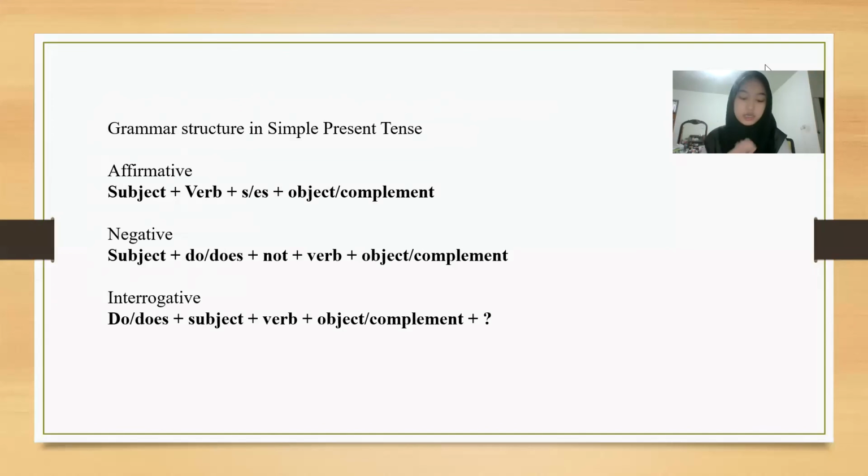So the conclusion is, for describing our routines, habits, daily activities, and general truths, we can use simple present tense, and we can have a conversation with everyone using simple present tense. Okay, so I think that's all for today's material. And if there are any questions about simple present tense.